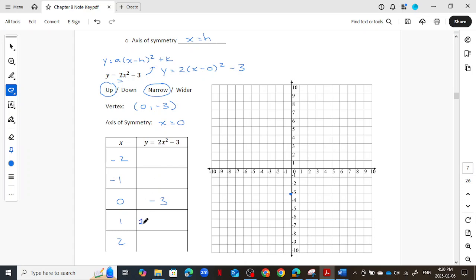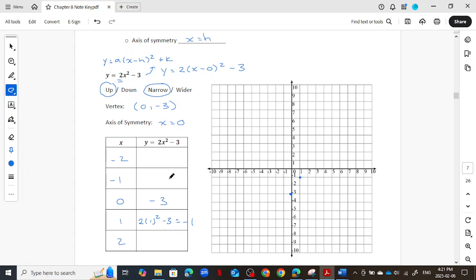So if we plug in x is 1, we would get 1 squared times 2 is 2, minus 3 is -1. So I've got a point at 0, -3, and then I've got a point at 1, -1. Thinking about this 2, that means that from the vertex, I went over 1, and instead of up 1, I went up 2.